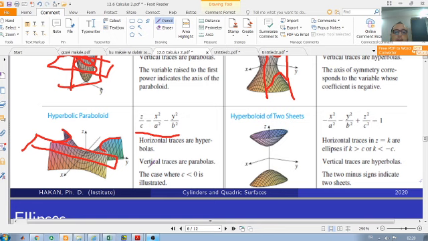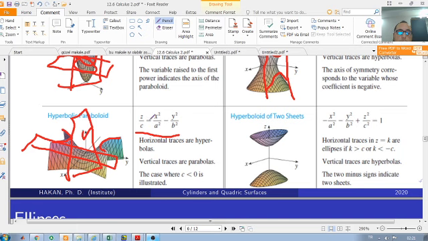So for the vertical traces, they can be in this form, namely we write any number for the variable y because it is parallel to the xz plane, which means we should write any number for y.